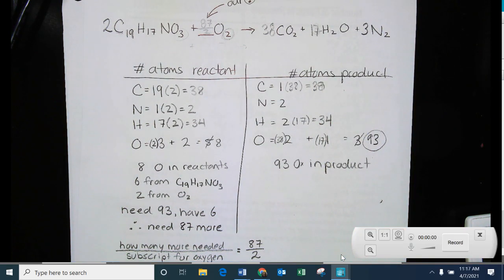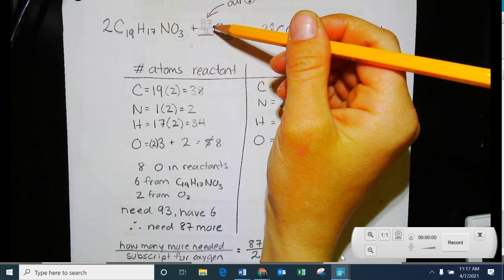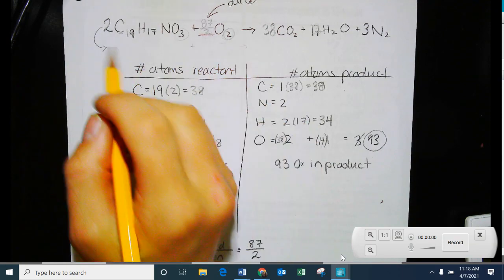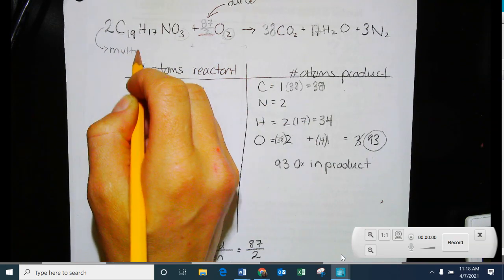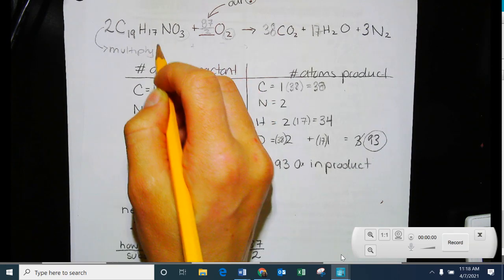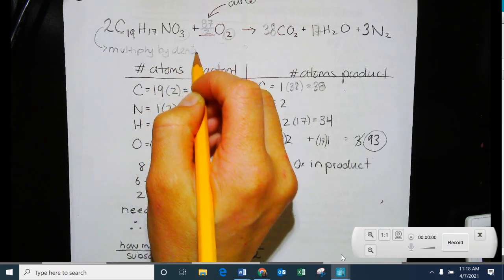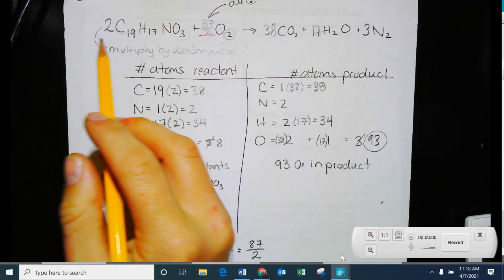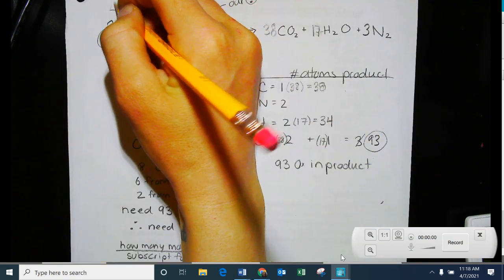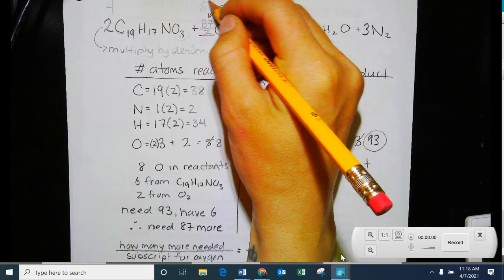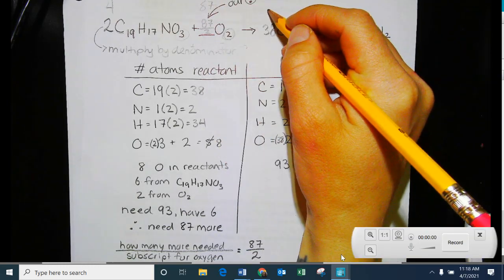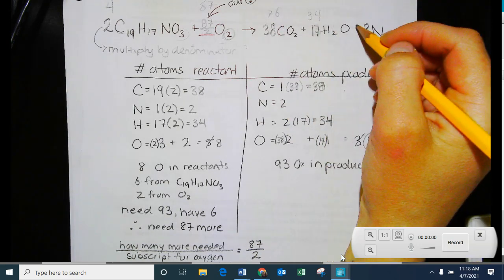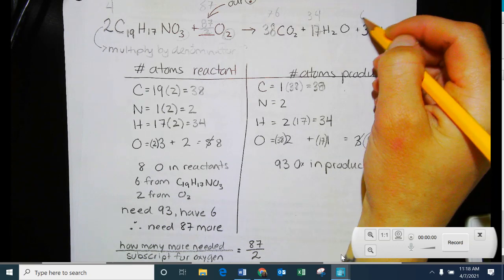And then because we can't have a fraction of oxygens, we just need to multiply by the denominator. And we end up with the numbers 4 here, 87 here, 76 here, 34 here, and 6 here.